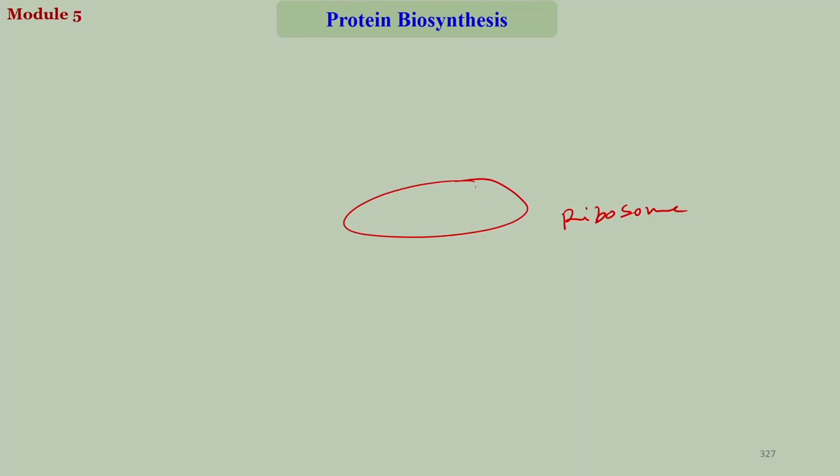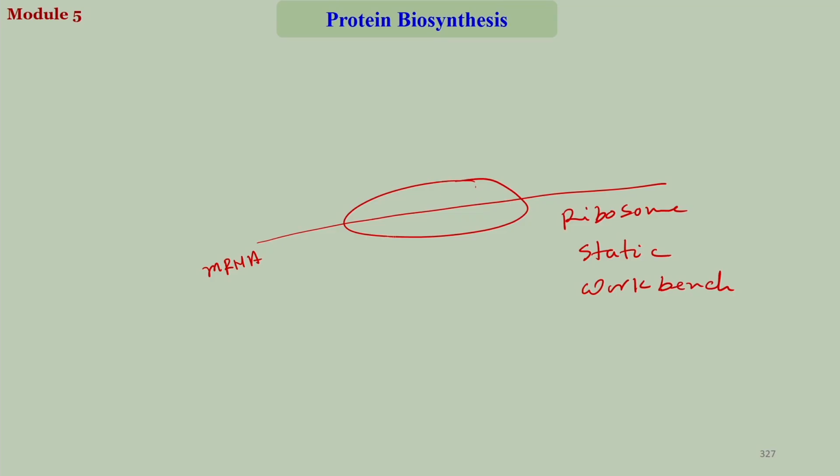The function of the ribosome, as we have mentioned, is static, and it works as a workbench or a platform on which the synthesis occurs. We have seen how the mRNA goes back and forth into the ribosomal subunit, into its binding pocket, and then makes a certain part of it where the synthesis occurs.